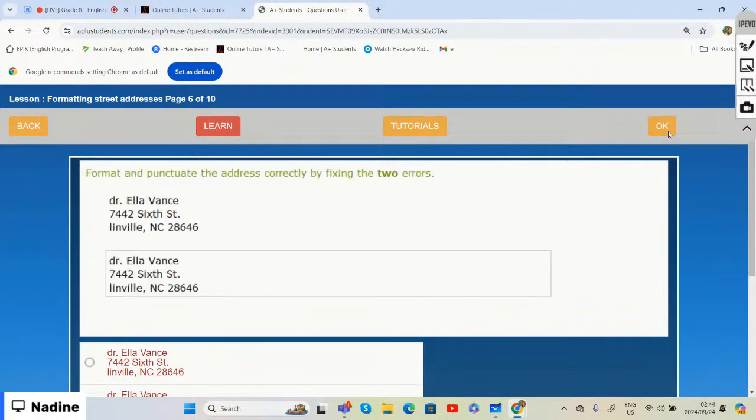All right, and now the last one. We need to format and punctuate the address correctly by fixing the two errors.